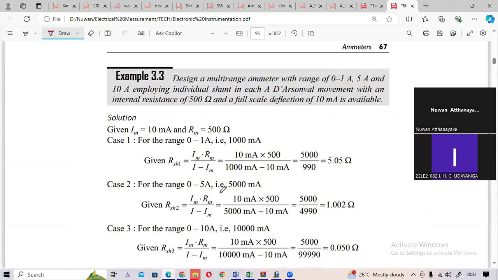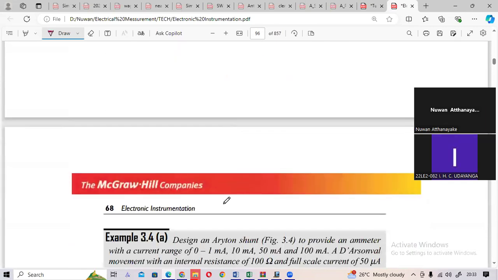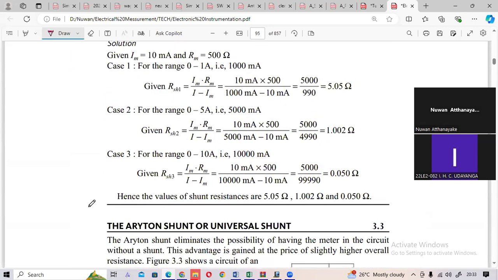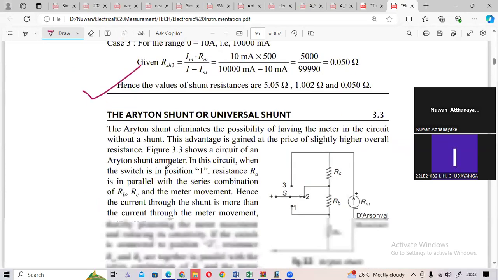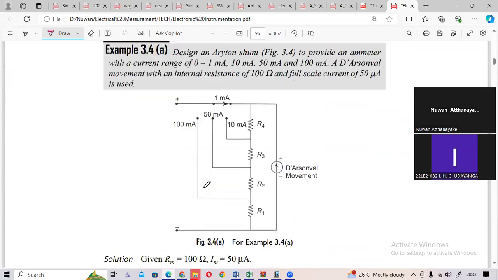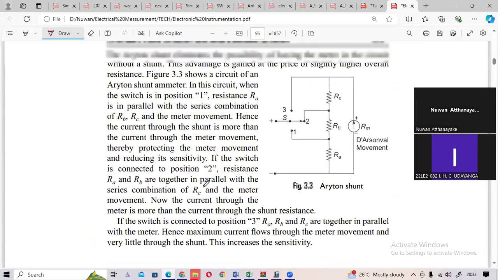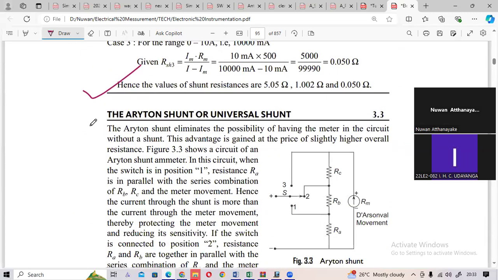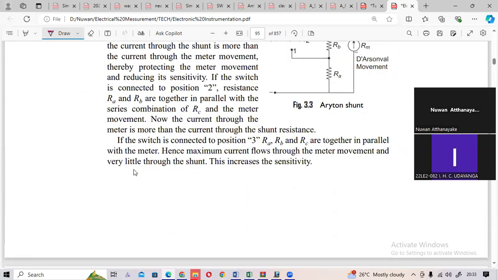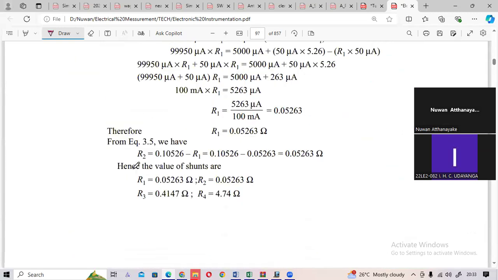This one is the same. All are the same, so this one also you can do, I hope. So do this up to here. There are some other setups also, but maybe we no need to focus on this setup, because that is not in our module outline. So that is enough.